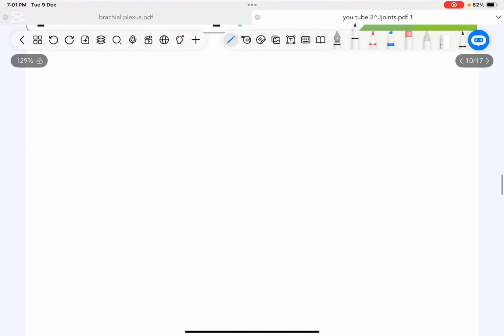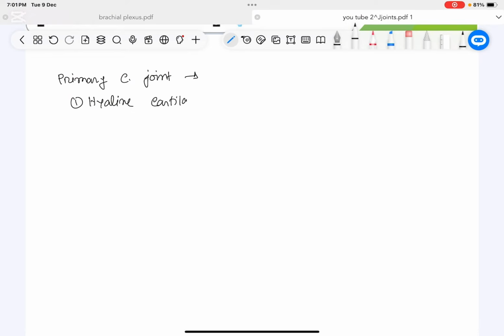So if we see the cartilaginous joint, the first variation is the primary. Related to the primary cartilaginous joint you have to remember, in between the two skeletal components there will be, number one, hyaline cartilage. Then usually it is in our body away from the midline.